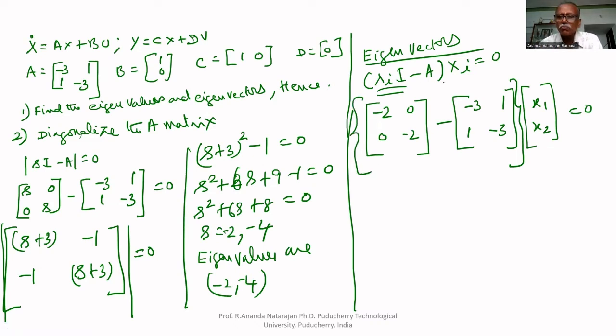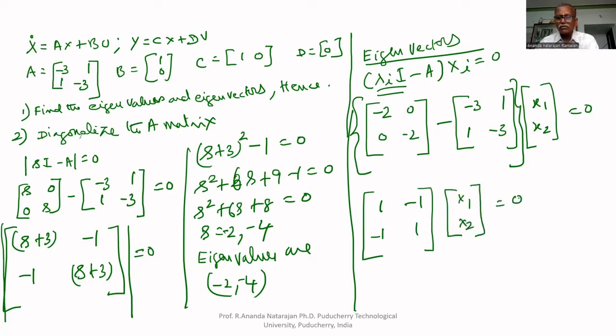Minus 2 plus 3 is 1, and the off-diagonals are minus 1. So we got 1, minus 1, minus 1, 1 times x1, x2 equal to 0. If you multiply, you get x1 minus x2 equal to 0, and minus x1 plus x2 equal to 0.